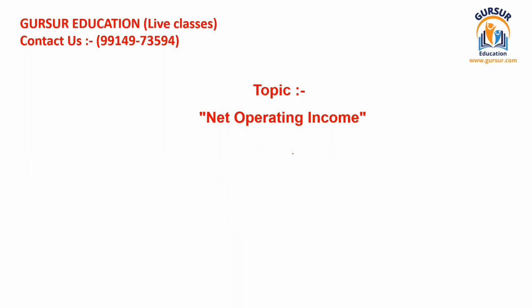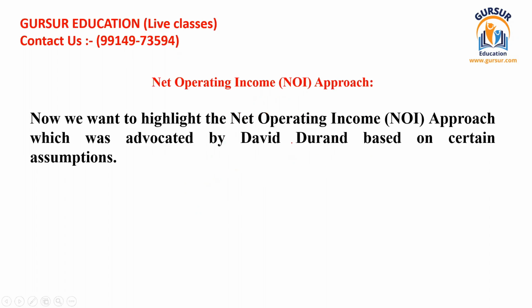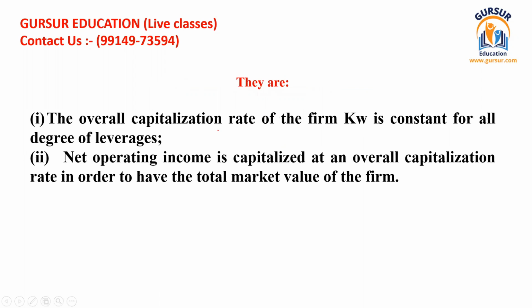Okay, you shall understand with the help of an example. Everything is already there, so we have placed it. Now we want to highlight the net operating income approach, which was advocated by David Durand, and is based on some assumptions.